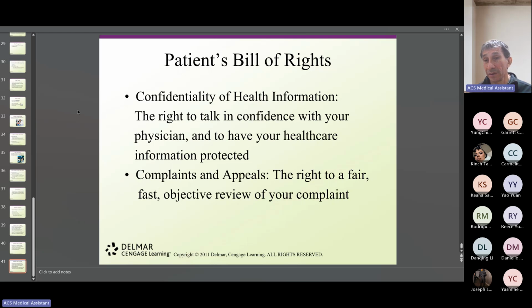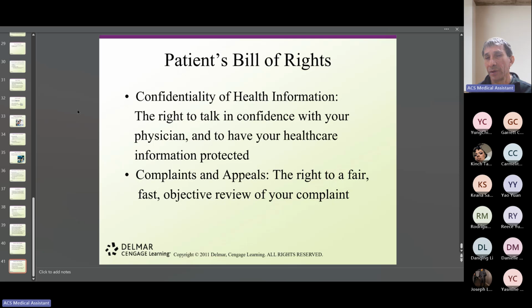So your health information should be protected at all times. Whether it's paper-based, computerized, on the fax machine, or over phone conversations, we have to keep an eye on that, to keep confidentiality, privacy, and security for everything in the computer system.